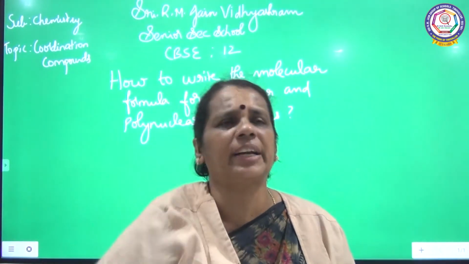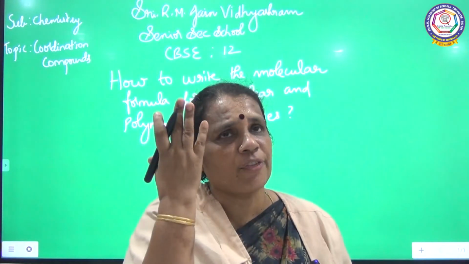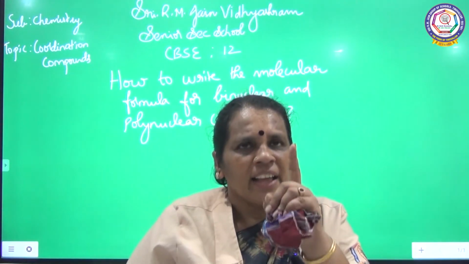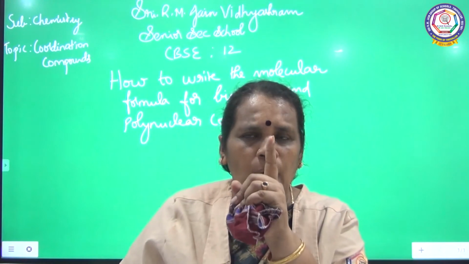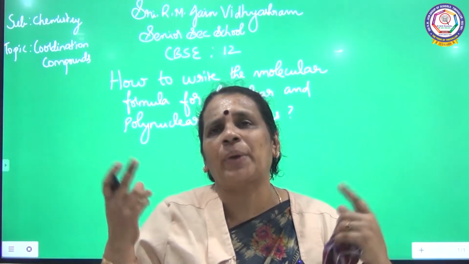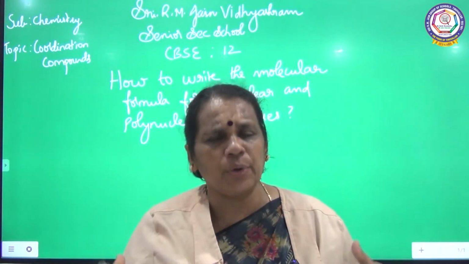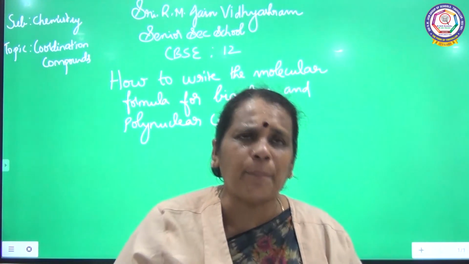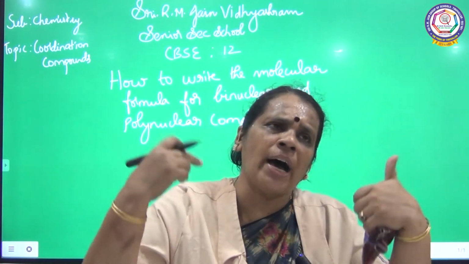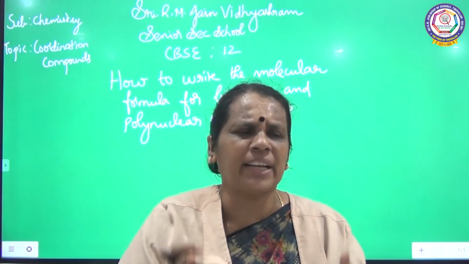So far we have studied mononuclear complexes, where only one ligand molecule is present in the coordination sphere. Now we are going to see binuclear as well as polynuclear complexes, where two or more ligands will be in the square bracket, in the coordination sphere.